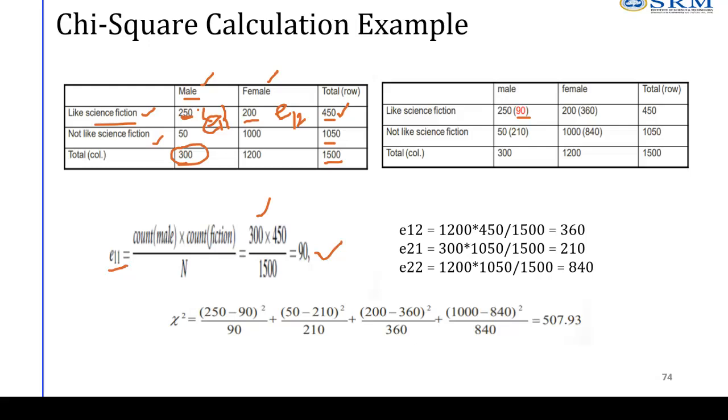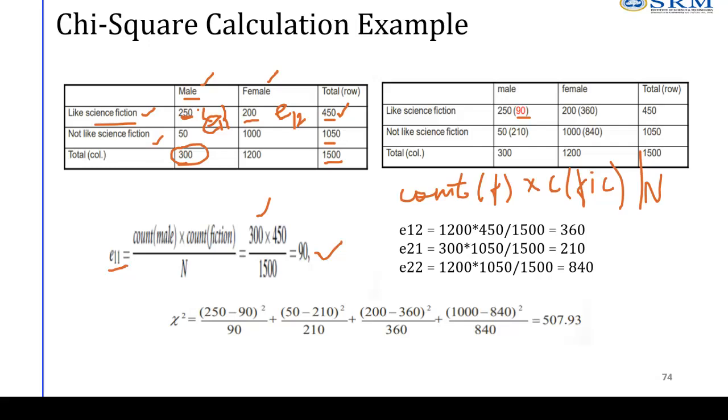When you come to the next cell E12, it is the count of female into the count of fiction, divided by the total number of people who like or do not like fiction, irrespective of male and female.